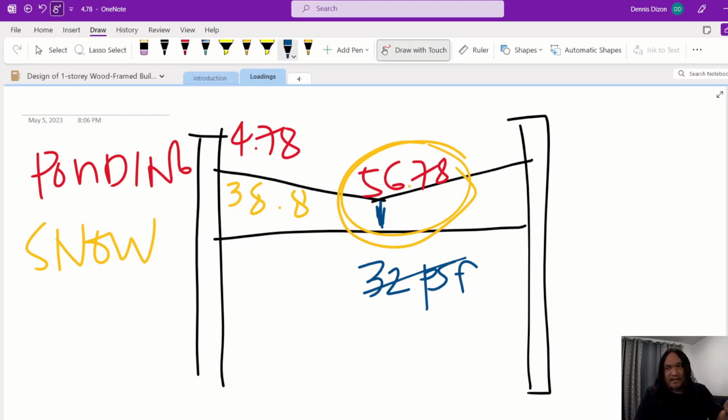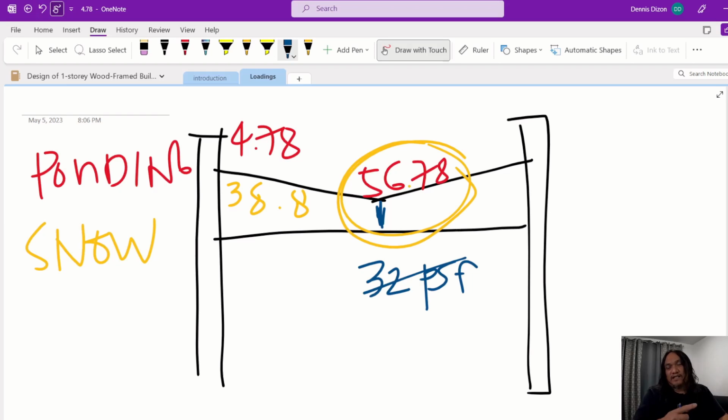So when the truss manufacturer sees that there is a ponding load that needs to be considered, they will consider ponding load in the calculation. And when you design for the studs or for the beam, you have to account for the ponding load also.